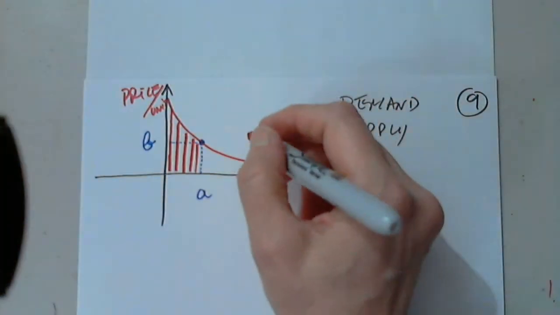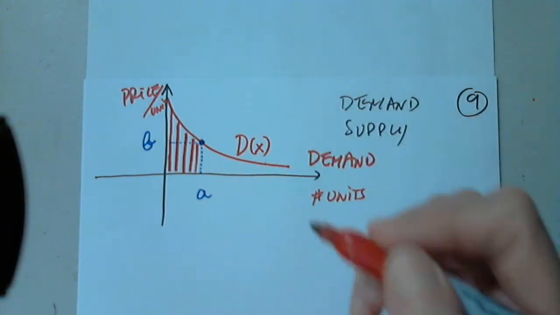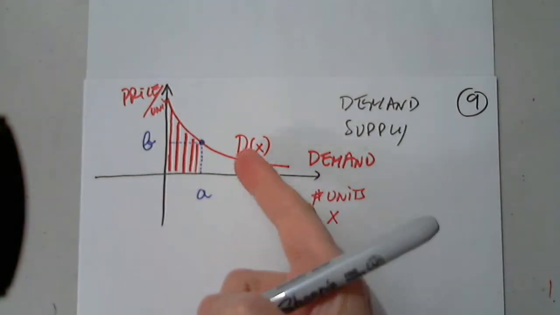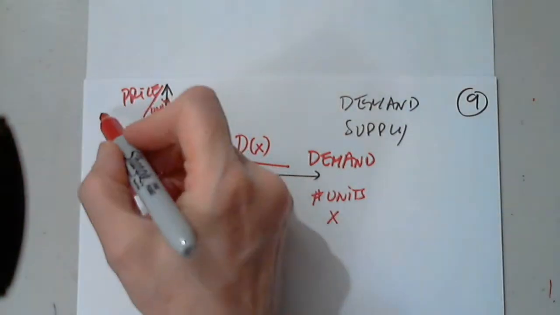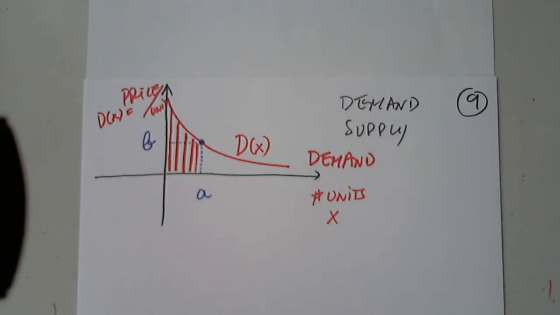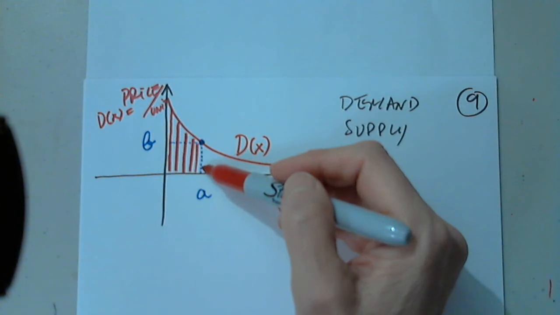I'm going to call this function demand of x. X being number of units and demand being the price per unit. So D of x is the price per unit and x is number of units. So is there a way of determining this area?